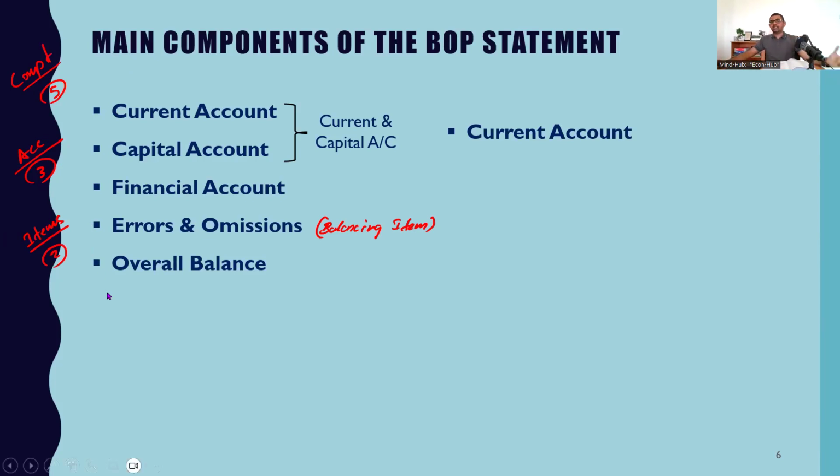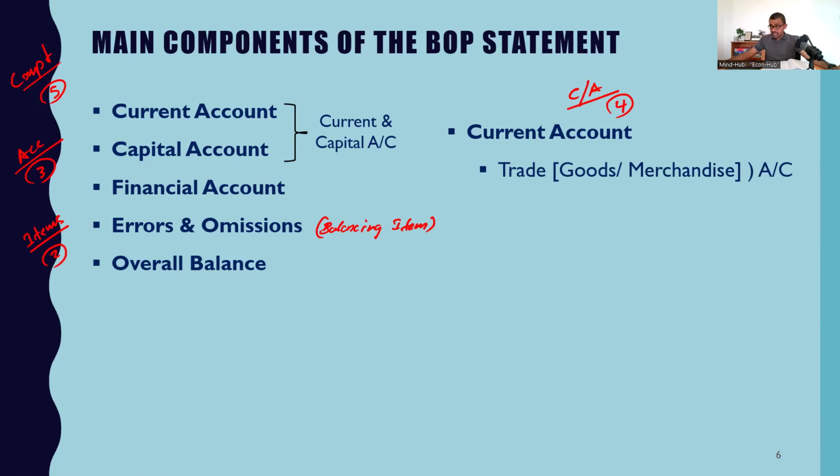I said whatever will help your knowledge, it's up to you. Once you start writing, get that done. Then if you take the current account, the current account has 4 sub-accounts. That's a number to remember, 4. What are the 4 sub-accounts of the current account? We have the trade account, sometimes called the goods or merchandise account.